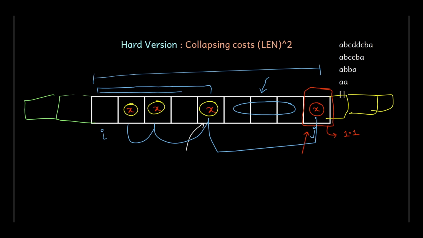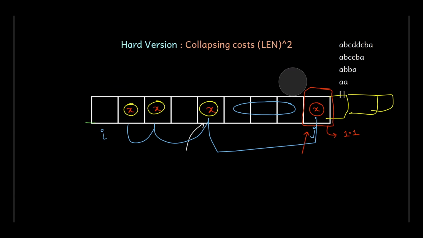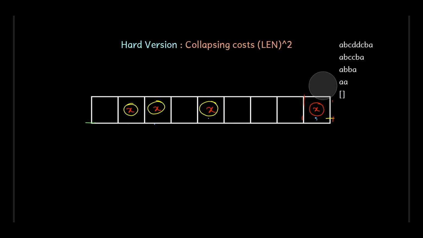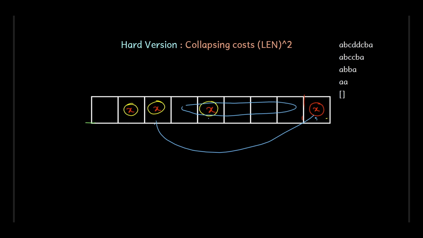But now you will notice some limitations in our approach, because in the previous version we said that if you want to collapse, like let's say this and this x together, then sure, you have to compute this segment in isolation, but then you can simply ignore this element, because this will be basically a freeloader that can attach itself to this x whenever the collapse is happening for the substring of which this x is a part of.